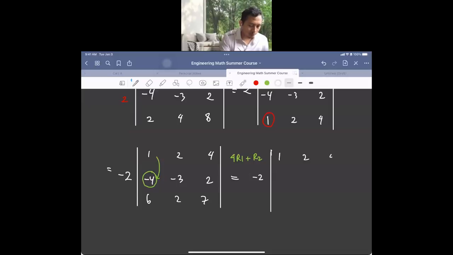Writing the same first row, the second row is 4 minus 4 is 0, 8 minus 3 is 5, 16 plus 2 is 18.